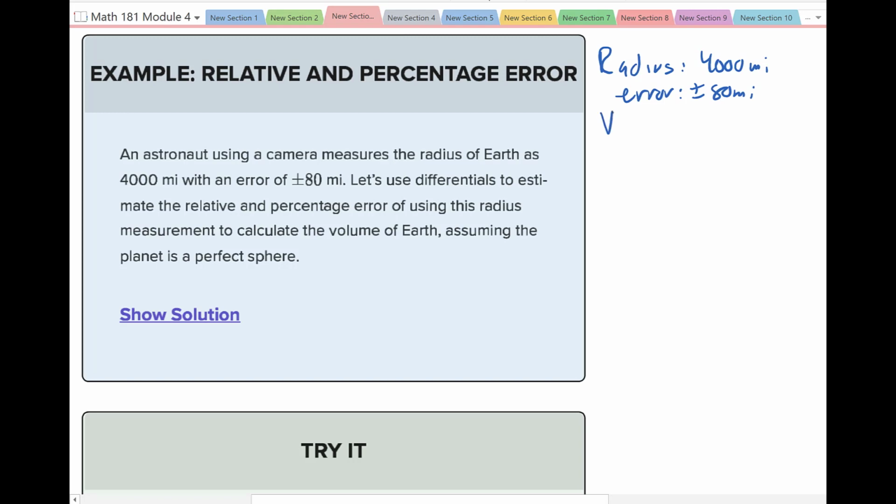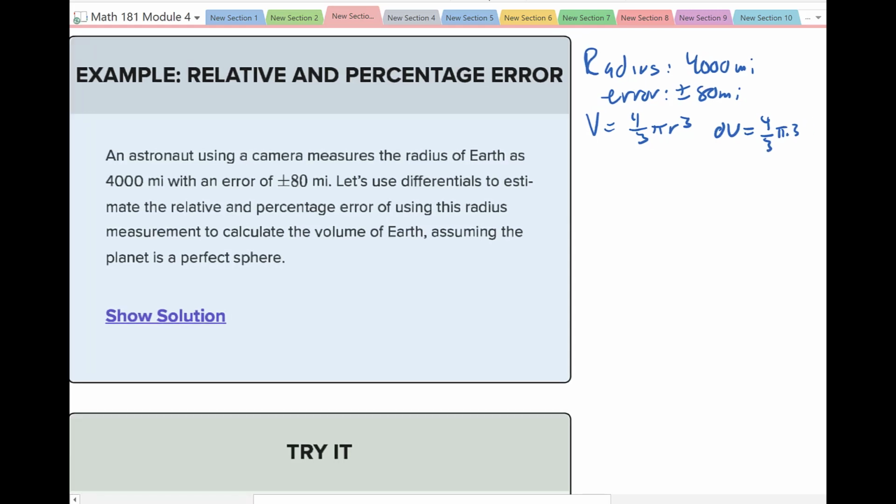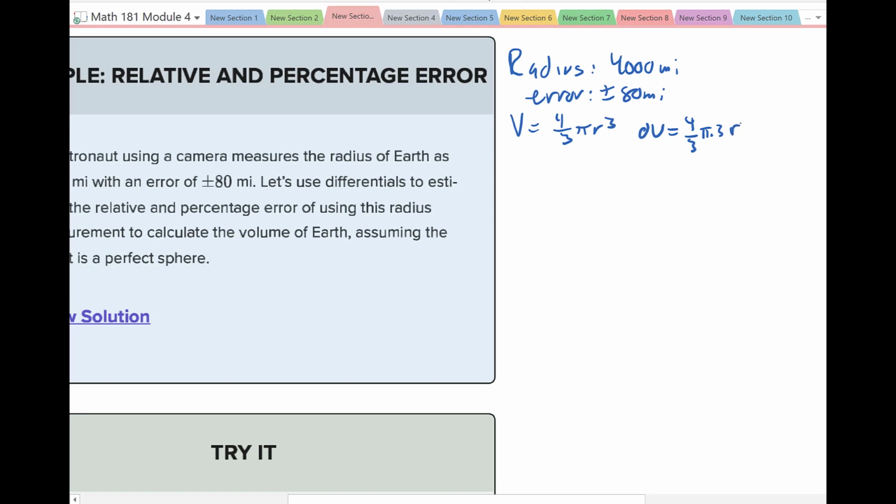So our volume for a sphere is 4/3 pi r cubed. And so the dV would be 4/3 pi times 3r squared, and the 3's cancel.